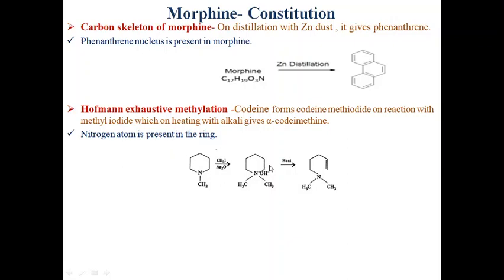The quaternary salt is formed, which on heating undergoes cleavage, a double bond is formed here, and this bond is cleaved from here, resulting in the formation of alpha-codimethine. The inference drawn from this exhaustive methylation degradation method is that the nitrogen atom is present in the ring.